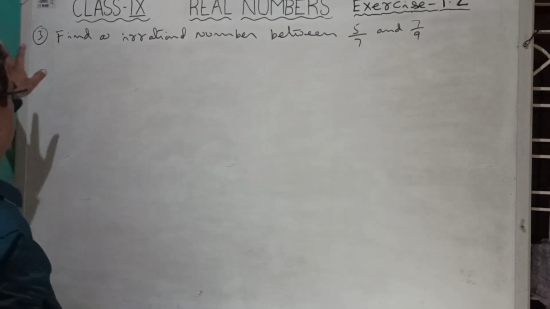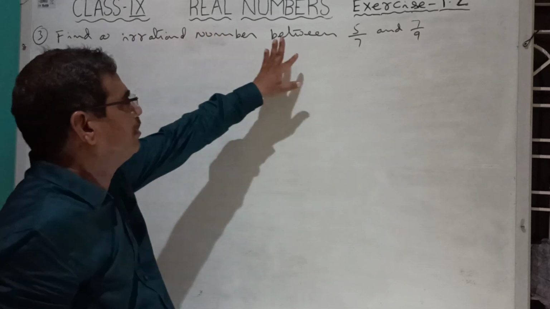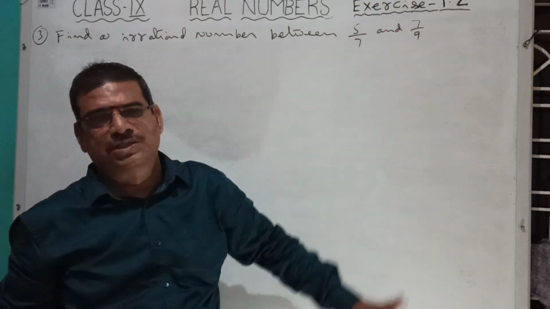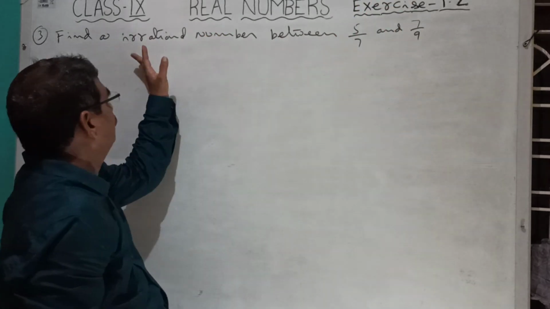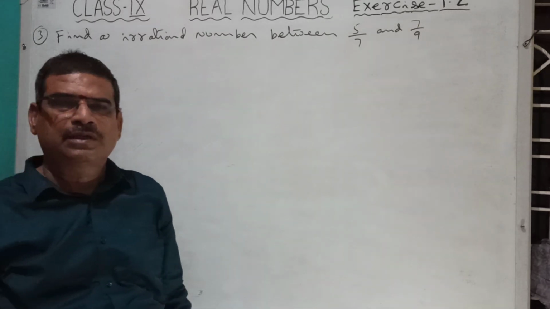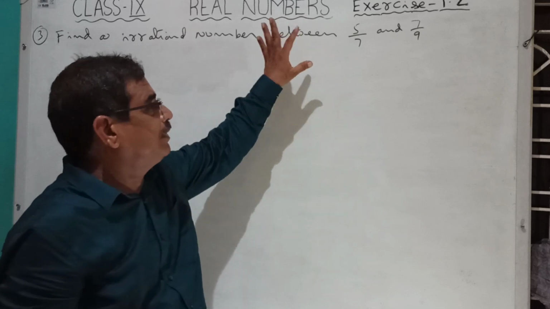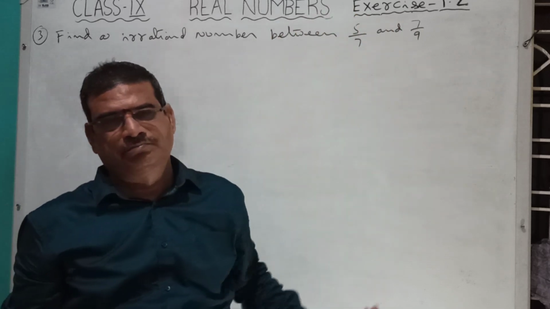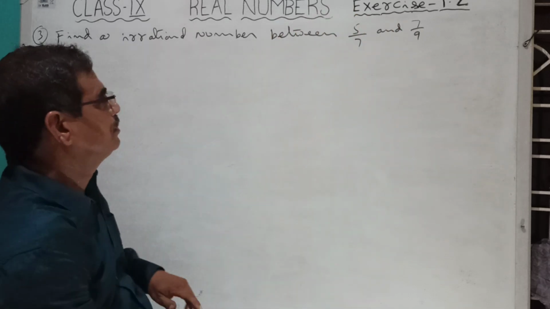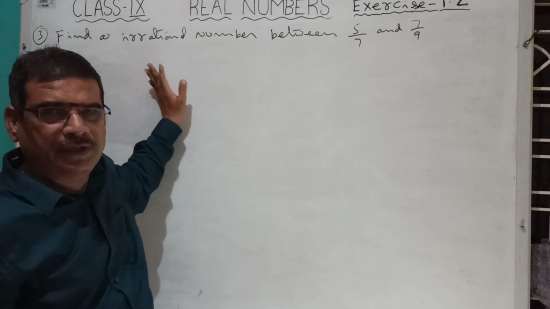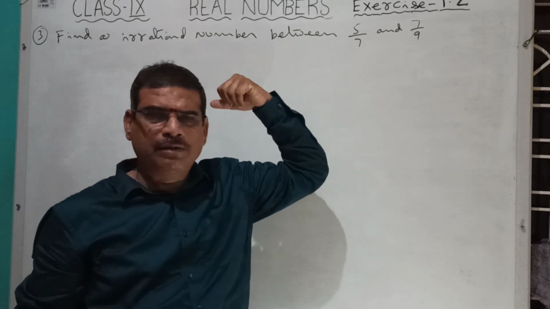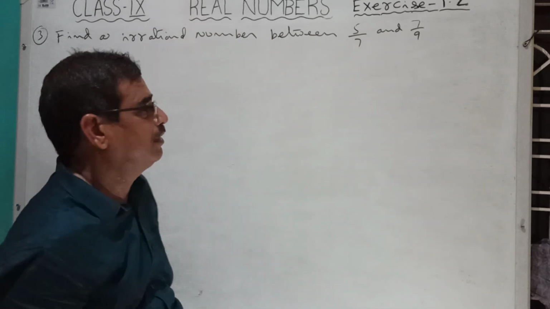Next, third question. Find a irrational number between 5 by 7 and 7 by 9. So we have to find irrational number, means non-repeating, non-terminating decimal. That cannot be written in P by Q form. You have to remember that one. So we have to write non-repeating, non-terminating decimal.